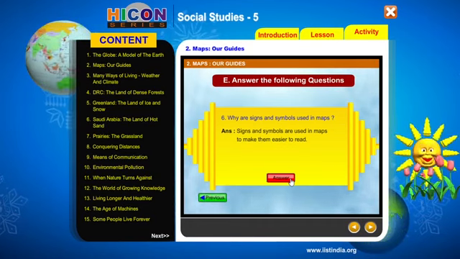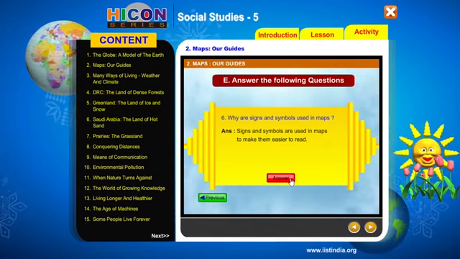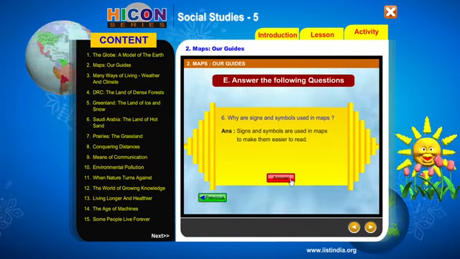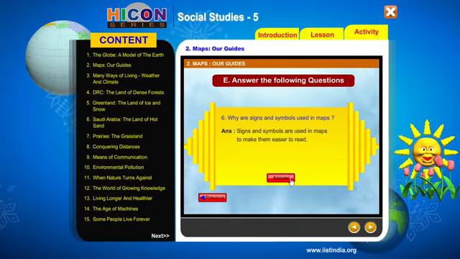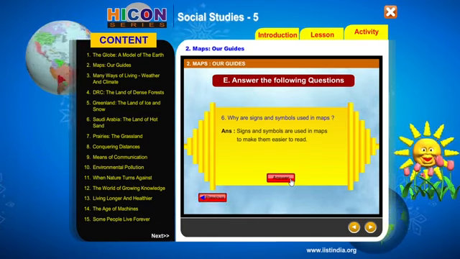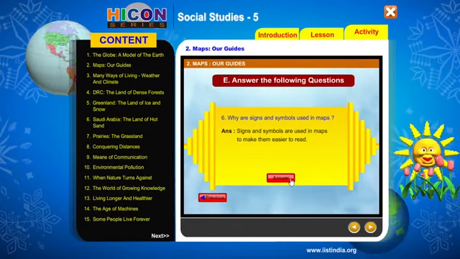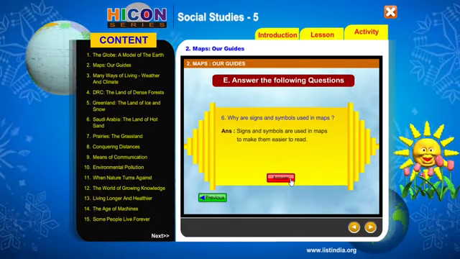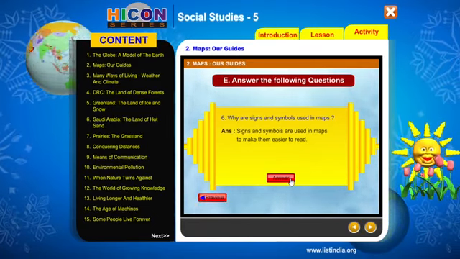Yes, it's impossible to put all the information about particular places on the map. So to represent those features, we use different signs and symbols on the maps, so that when we understand the signs and symbols, it becomes easy for us to understand the map also, right? So signs and symbols are used in maps to make them easier to read.